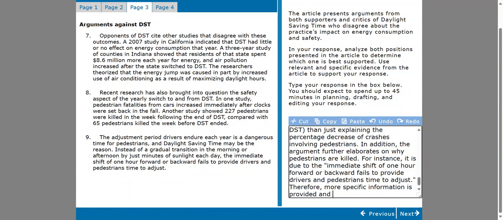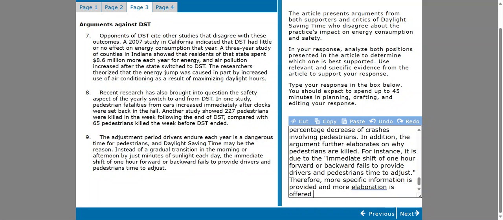Therefore, more specific information is provided and more elaboration is offered in the arguments against DST.